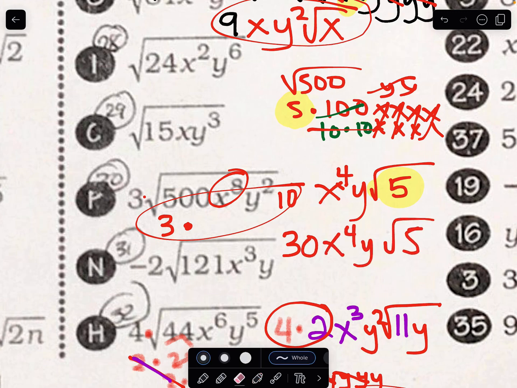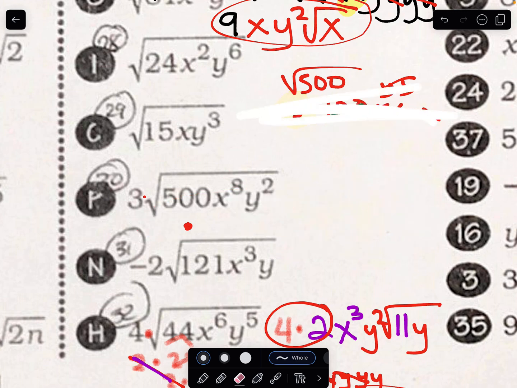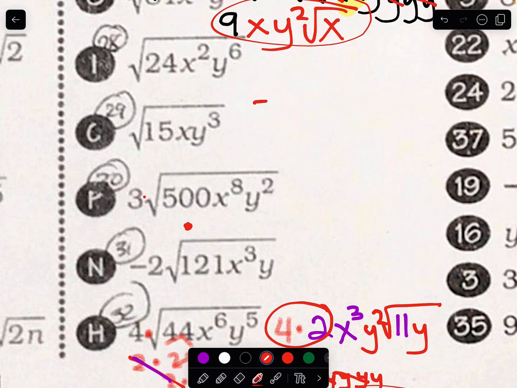Okay. All right. Then negative 2. Okay, this is negative 2 times whatever answer it is. Square root of 121 is 11. There's 3 of them.